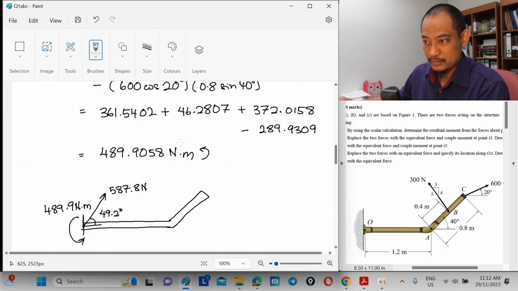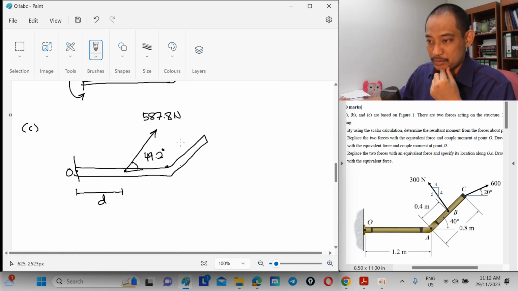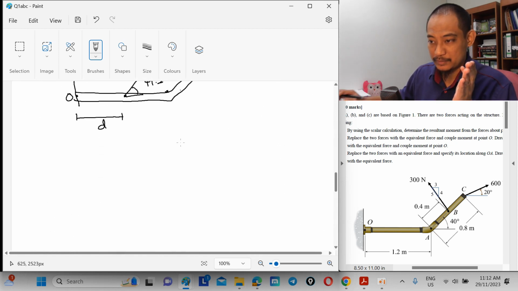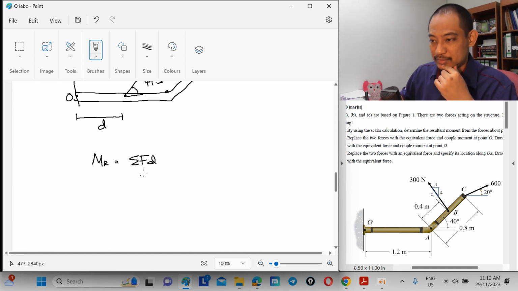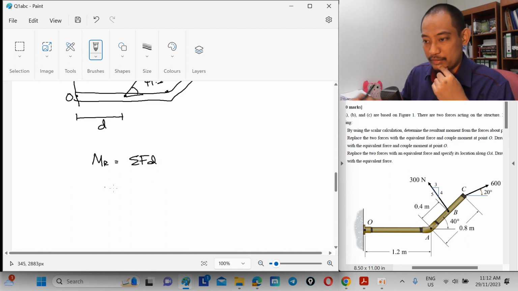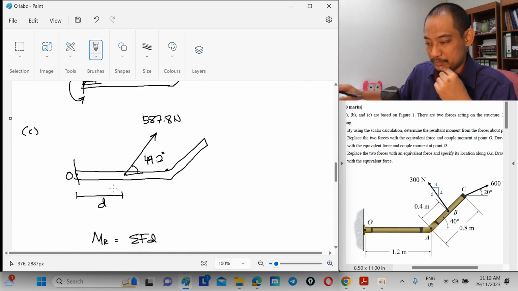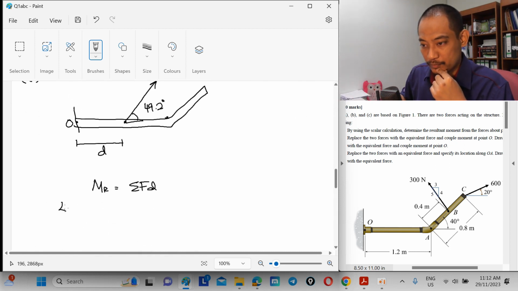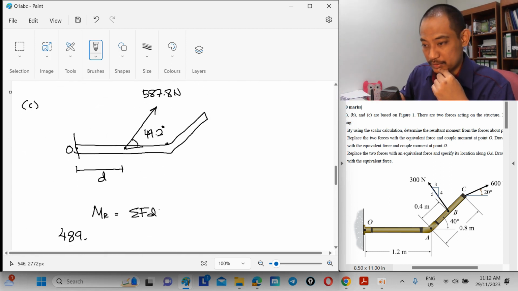I want to use this value here so that the error is less: 587.816. The whole moment MR is 489.90858.